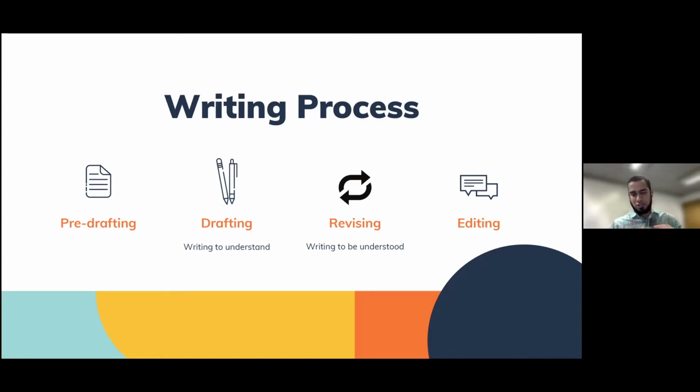Then you go through this revision stage and you update things, and then you go through fixing the grammatical errors or those issues. And the reason is, if you spend so much time fixing the grammar before the revision stage, and at the revision stage you realize, oh, this sentence or this paragraph or this whole entire page, I'm not going to use in my paper, then you end up wasting a lot of time.